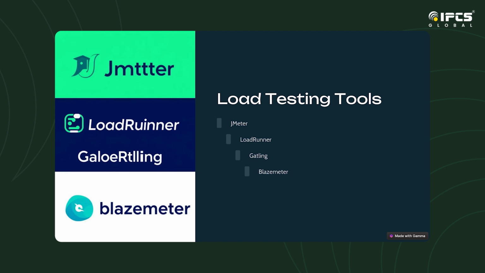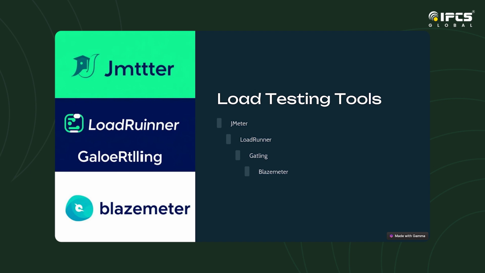Now we are moving on to Gatling. Gatling is a modern open source tool built for performance. It's known for its high performance and its ability to handle massive user loads. It uses code, specifically Scala, which makes it very flexible and powerful for developers.